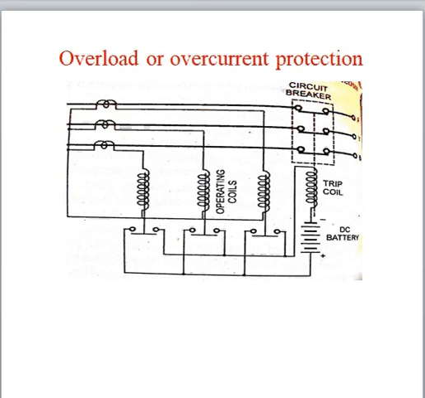And now, overload or overcurrent protection for a 3-phase system. Normally there are 3 CTs, and the 3 CTs are connected to 3 operating coils and the trip circuit. If the currents in the 3 phases are high, then the coil will attract the armature and the contacts close, so the whole circuit is connected; any one of the circuits connected is enough. If the current in any one line is more, the trip signal is given to the circuit breaker, and the circuit breaker will trip.